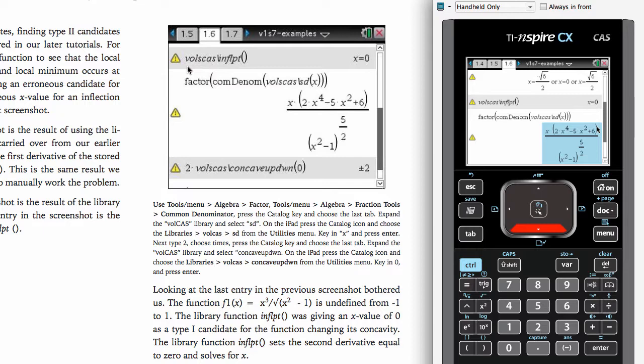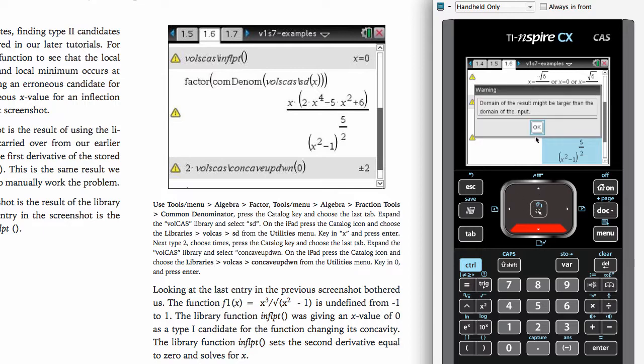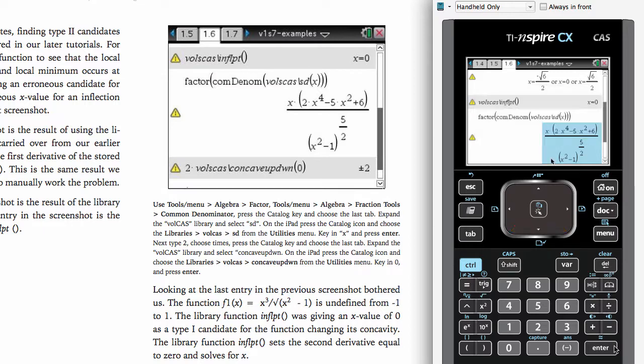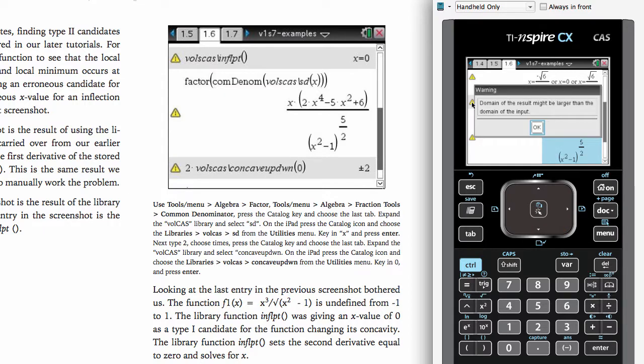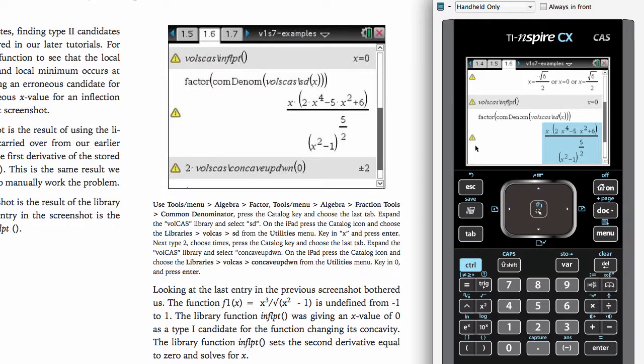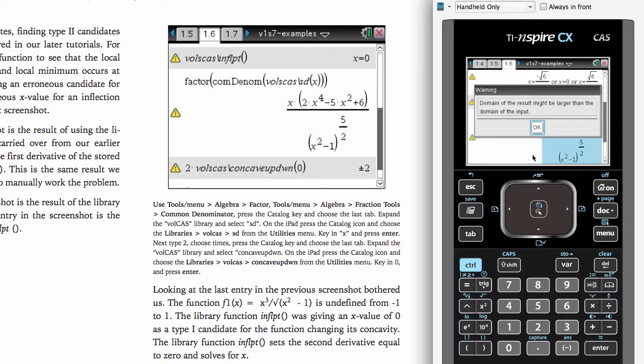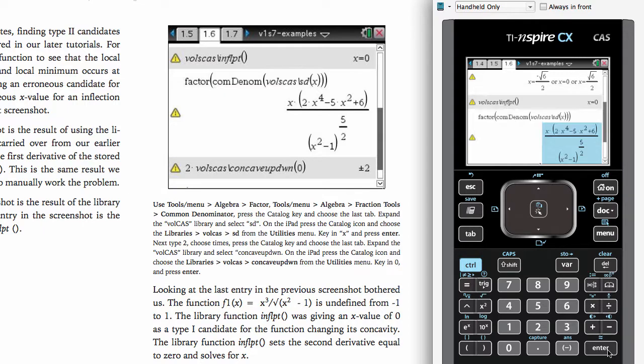So again, let's go over here and take a look at these warnings. We'll mouse over, and again, this is the domain one. Same thing about the domain one. And same thing about the domain one. So the domain one was true in all these different cases.